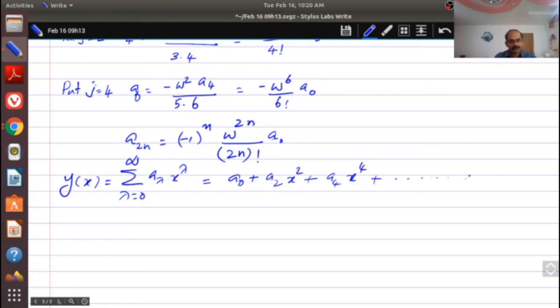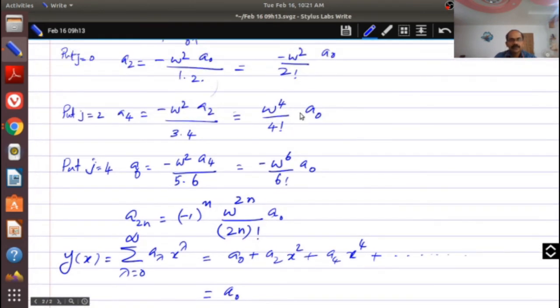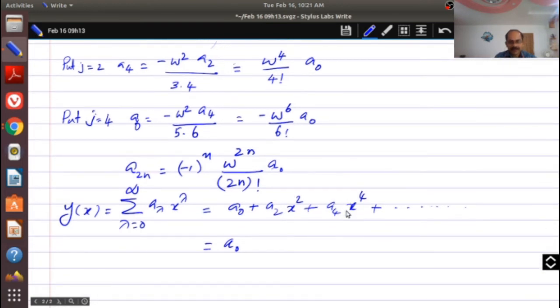This is the solution, and this solution is equal to a0. A2 was nothing but minus omega squared by 2 factorial a0. So a0 is common, I can straightforward write it as a common factor.